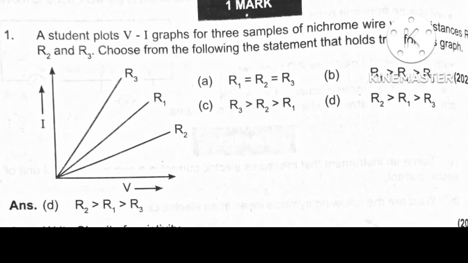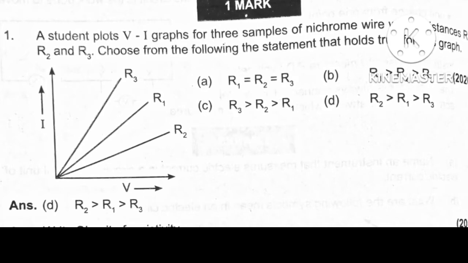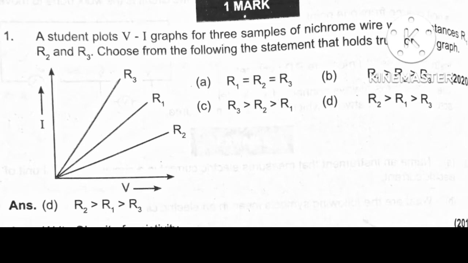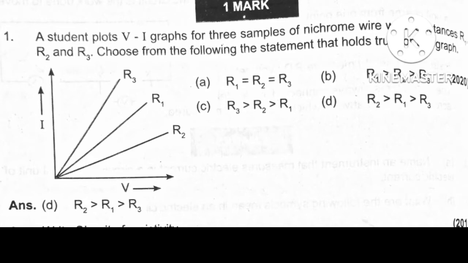Here for getting the correct option, we have to find the values of R1, R2 and R3. How can we calculate from the graph? Here we know that R is equal to V by I, right? So we can find the slope, then the reciprocal of slope will give the values of R1, R2 and R3.